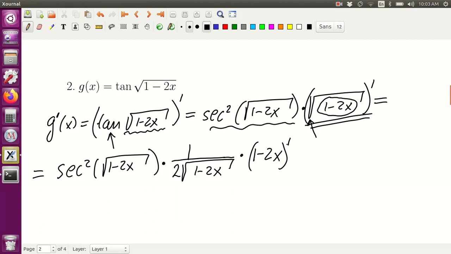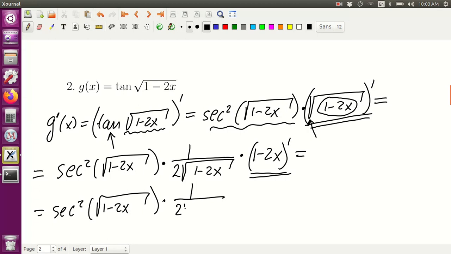We're looking through, there is only one part that has a prime in it, which is this part. Therefore, we rewrite everything else as it is, and we're going to take the derivative of 1 minus 2x at the end. The derivative of 1 is 0. The derivative of negative 2x is negative 2.